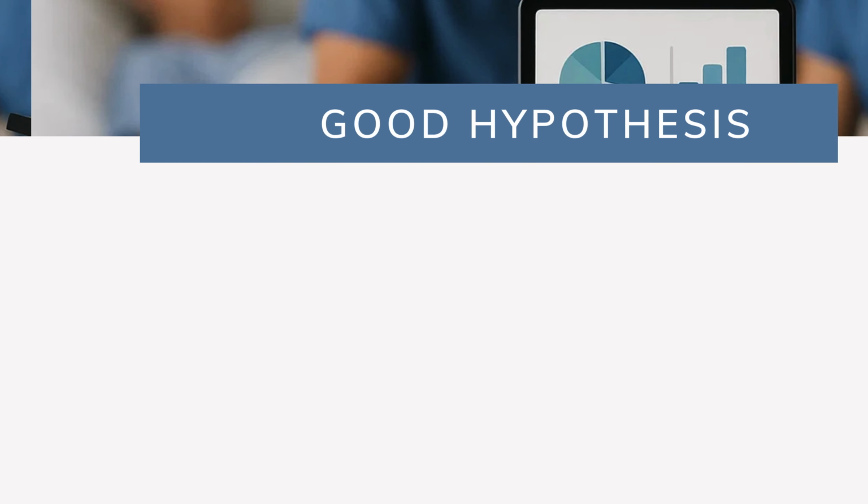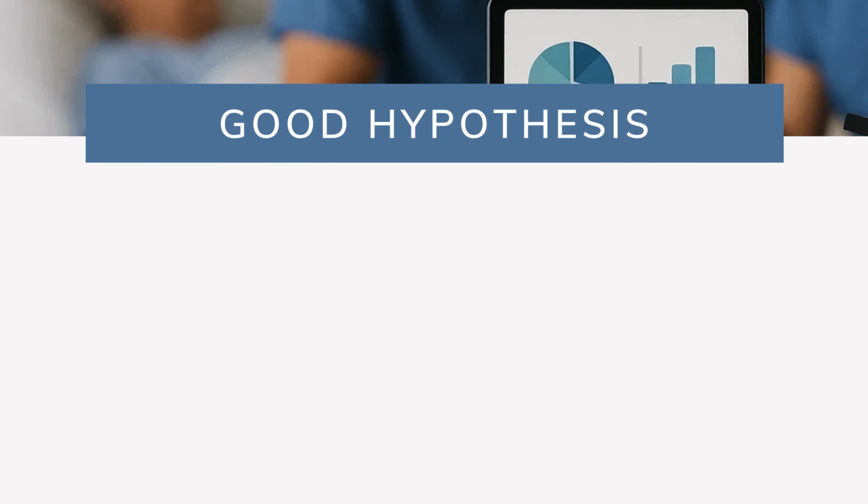So what makes a good hypothesis? Let us explore the qualities one by one. First, your hypothesis must be clear and specific. Avoid vague terms. You must clearly name the variables involved and the population you are studying.